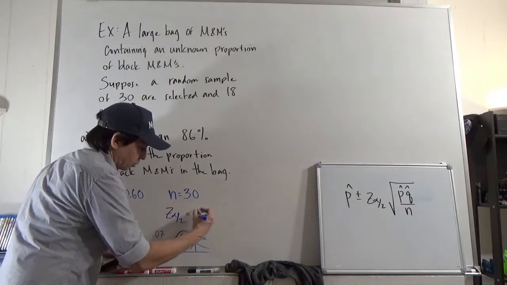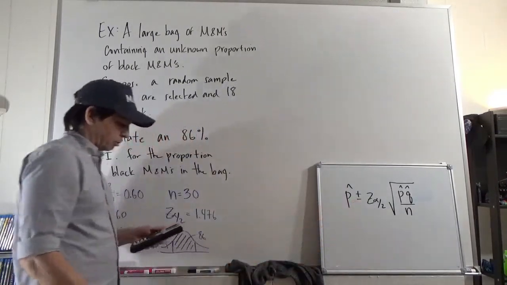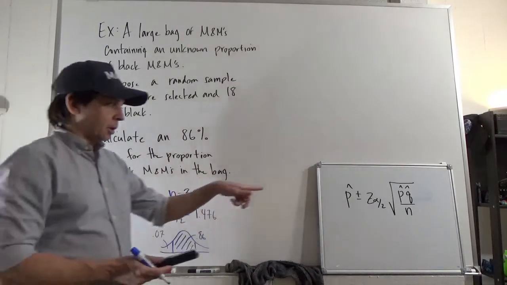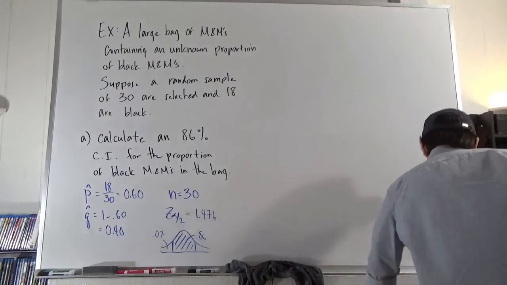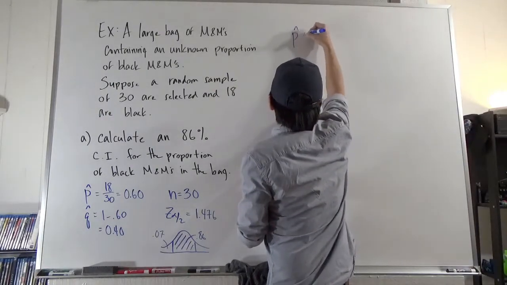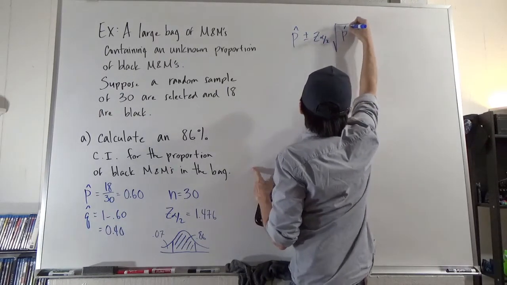And my z is the positive of that. But again, we're going to be doing plus or minus anyway, so it doesn't matter which one we actually use. 1.476 is what I'm using, and I'm ready to go with this. For notes purposes, I tend to rewrite the actual formula down first and then fill in the values.